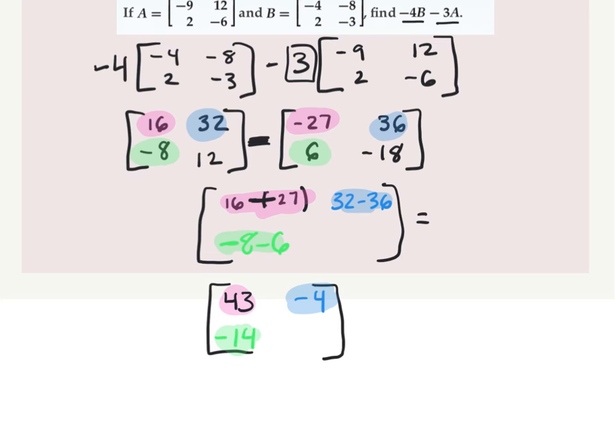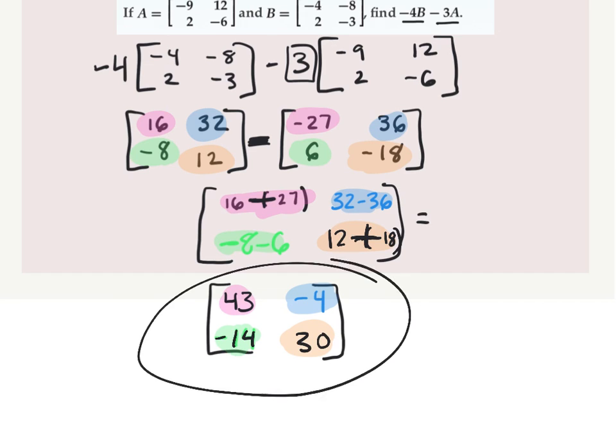Awesome, negative 14. Good job. And then what's last? 12 minus negative 18. So 12 minus negative 18 becomes positive. So what would it be? 30. So this is our final answer.